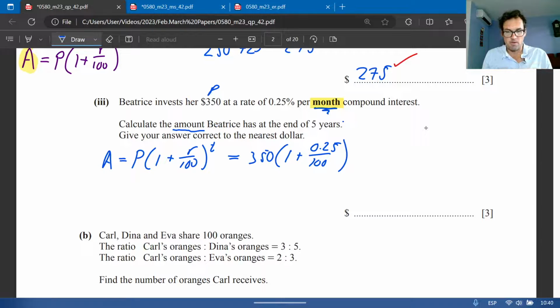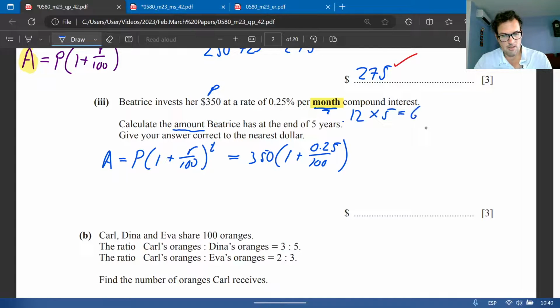So every month they add 0.25% to the amount she has in the bank, which compounds. So how many times a year are they going to calculate that? That is 12 calculations a year, every month. And then they're going to keep doing that for 5 years.